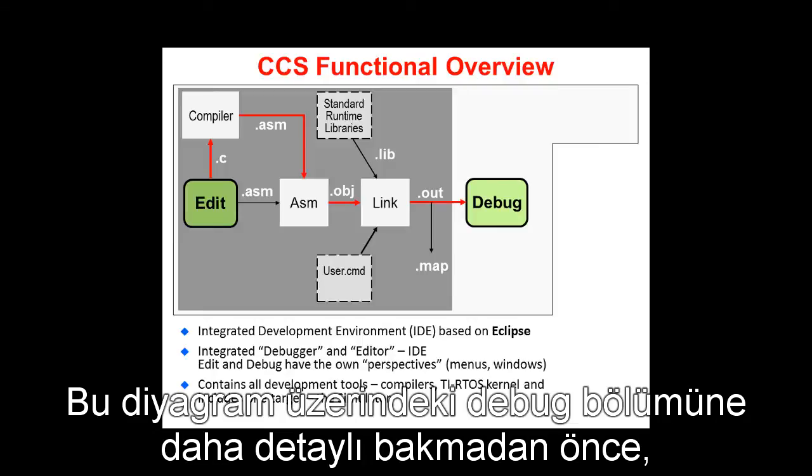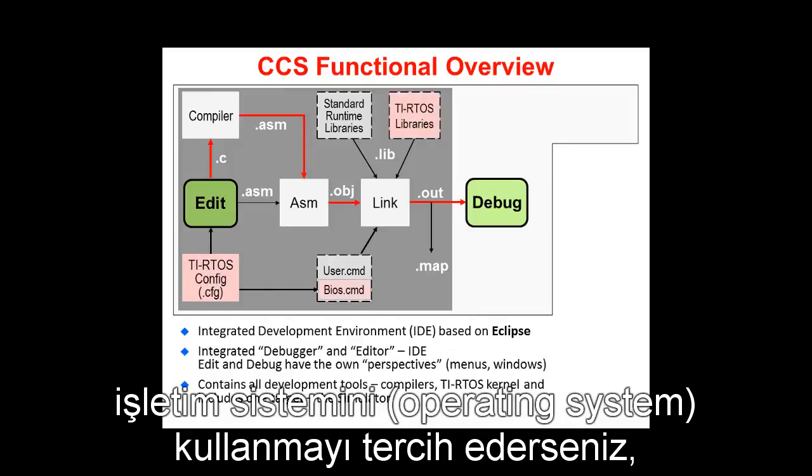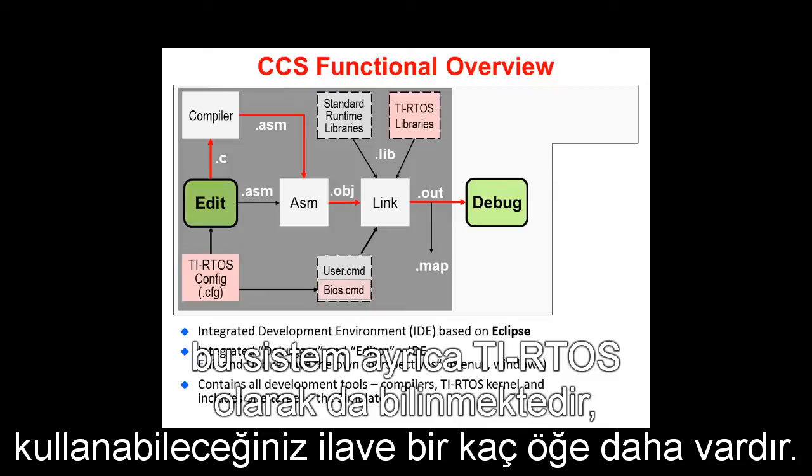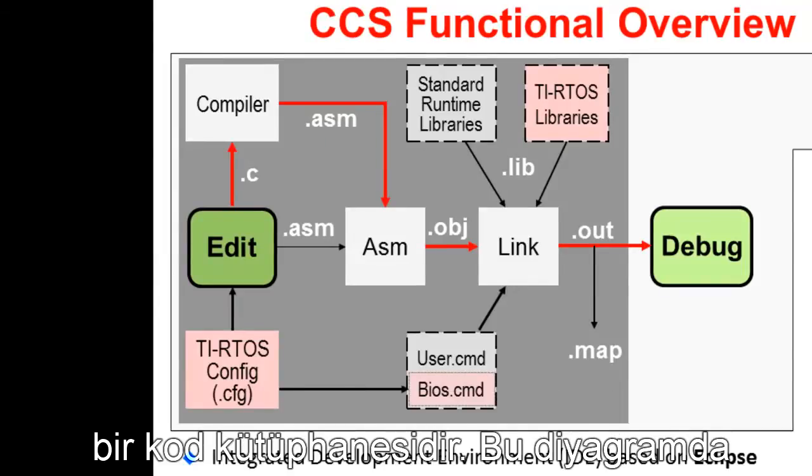Before we look more closely at the debugging side of this diagram, we want to show you one more edit side feature. If you choose to use TI's real-time operating system, also known as TI-RTOS, there are a couple of additional items you'll use. Fundamentally, TI-RTOS is just a code library that provides a number of operating system functions.